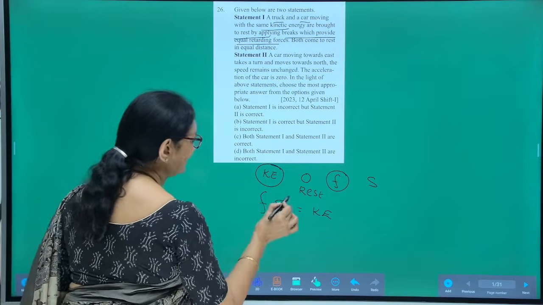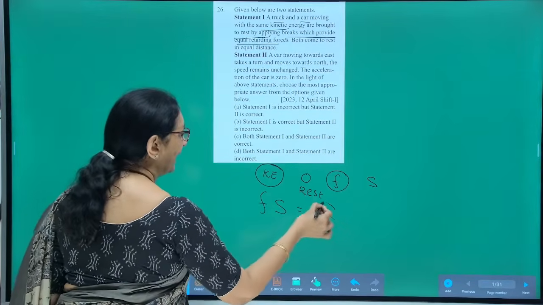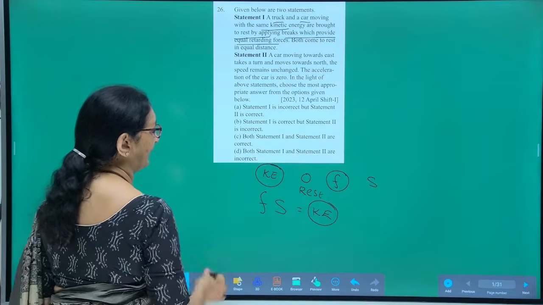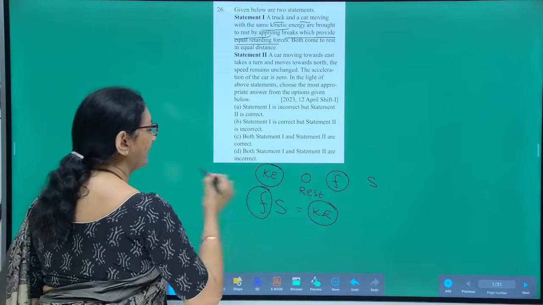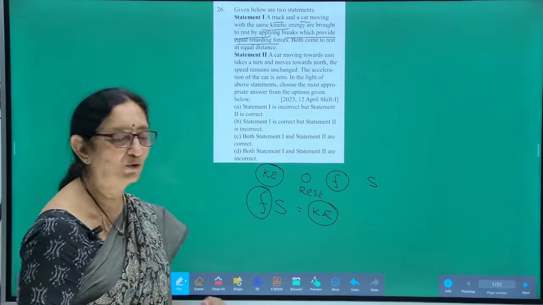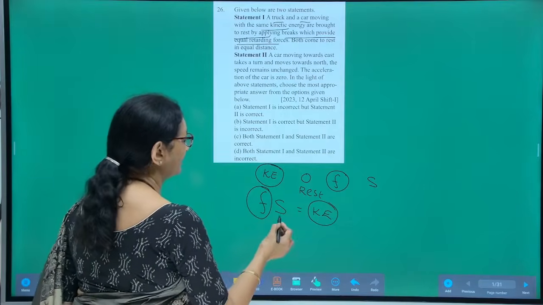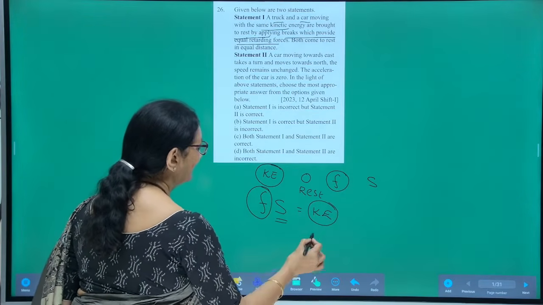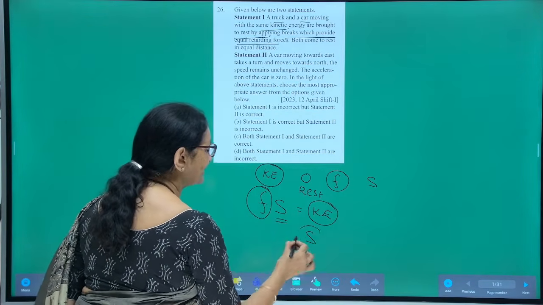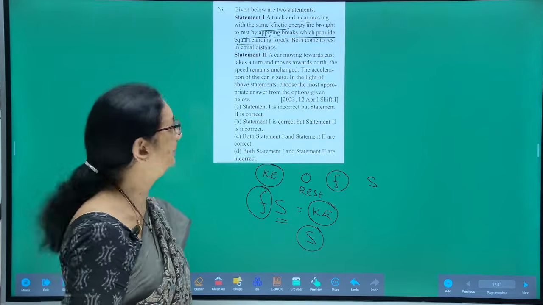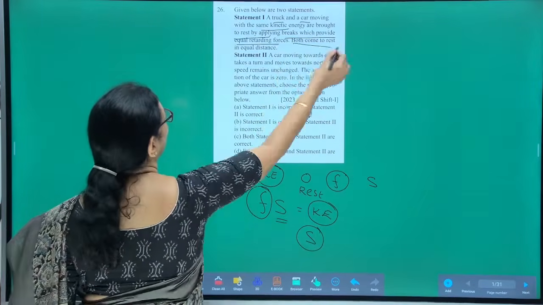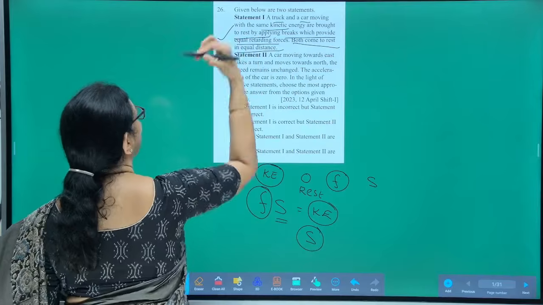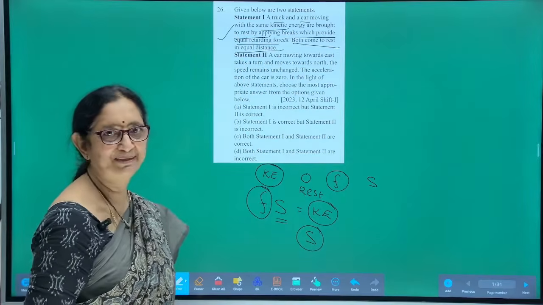In this case, the truck and the car have the same initial KE, and the same brake force is applied on both of them. If these two are the same for the truck and the car, they travel equal distances before they come to rest. So, both come to rest in equal distances is a correct statement.